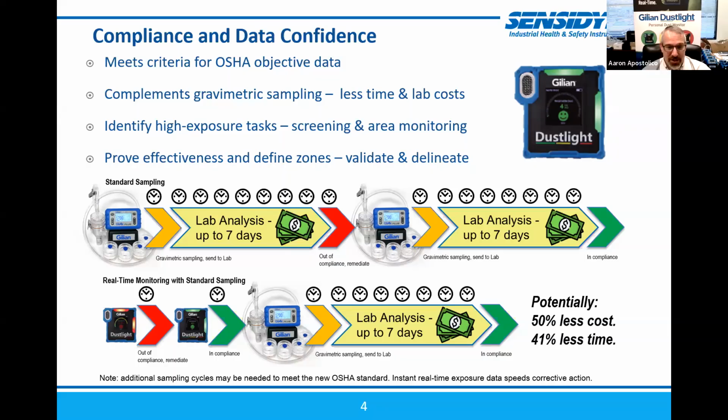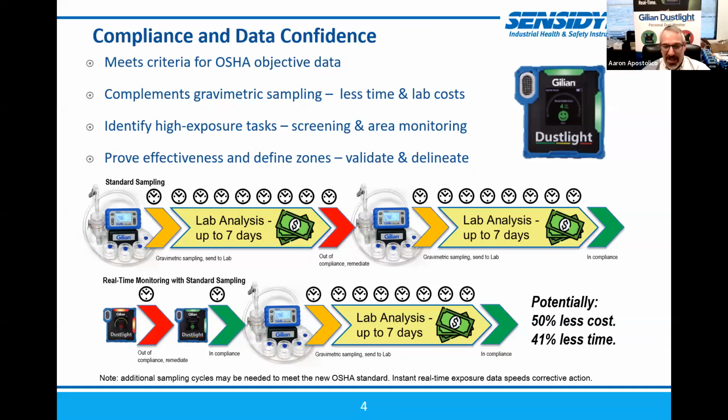I can identify higher exposure tasks by using it as a screening tool. So, in addition to wearing it on an individual to get either a short-term result or even an 8-hour TWA, I can use it as a handheld meter to walk around and actually scout out areas where sources may be higher to identify what those areas are.